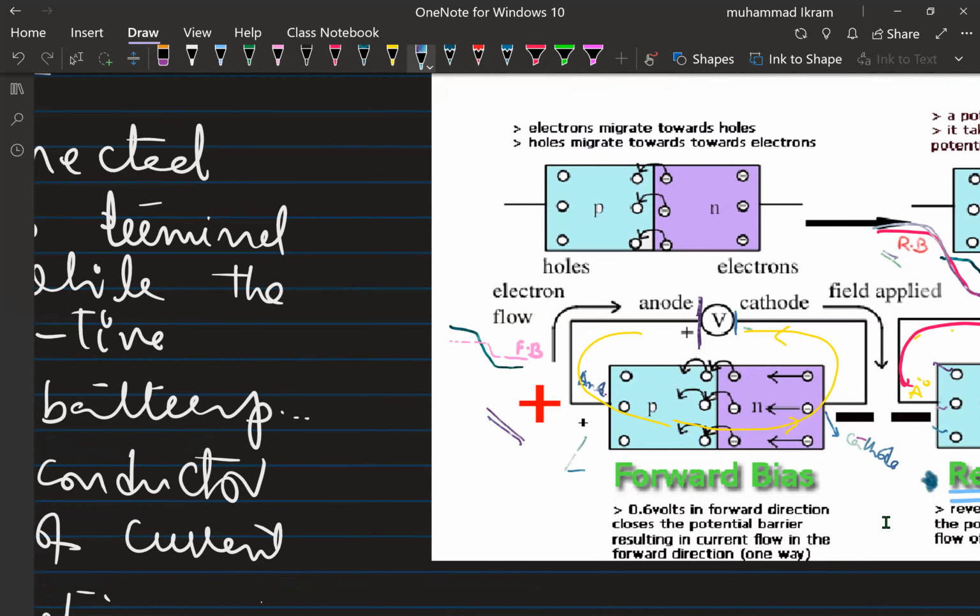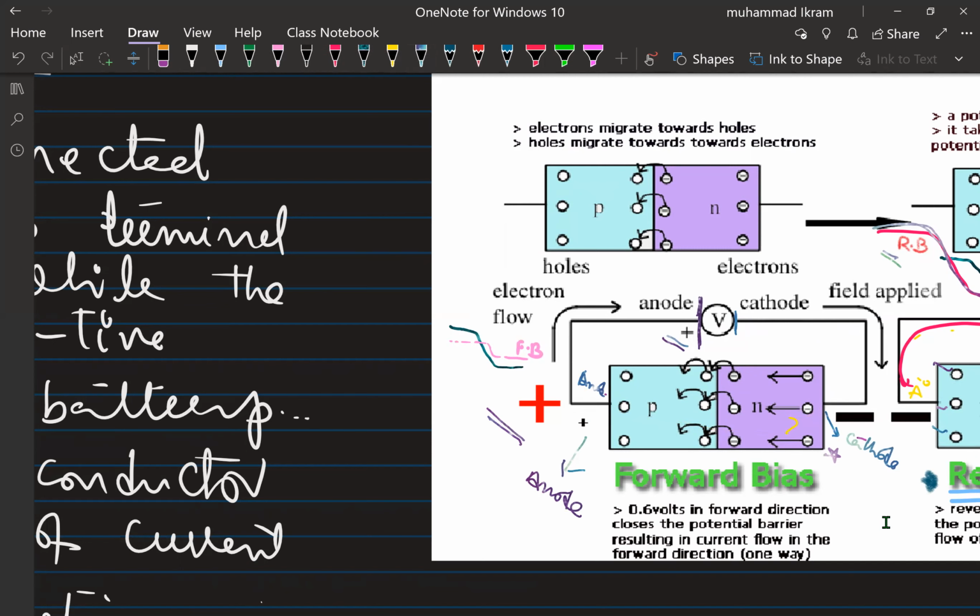The anode of the diode is connected with the positive terminal of the battery, while the cathode is connected with the negative terminal of the battery.